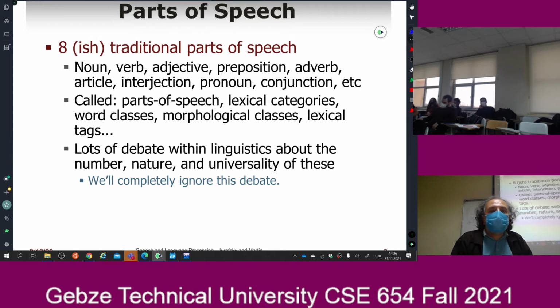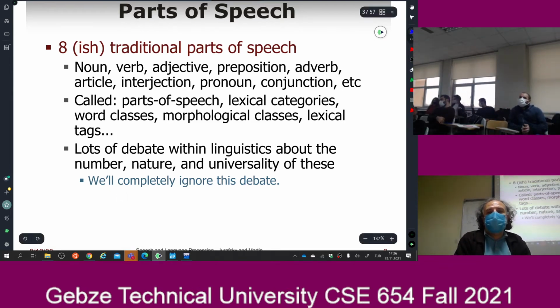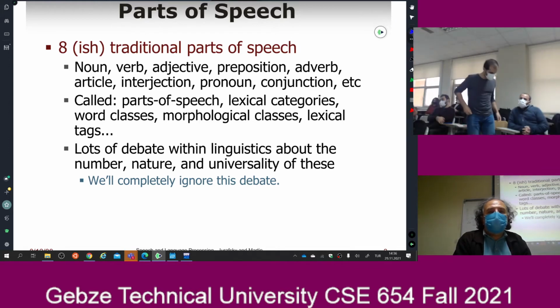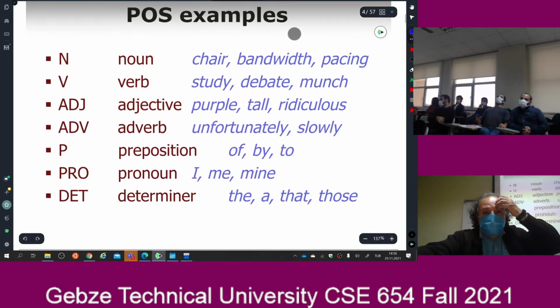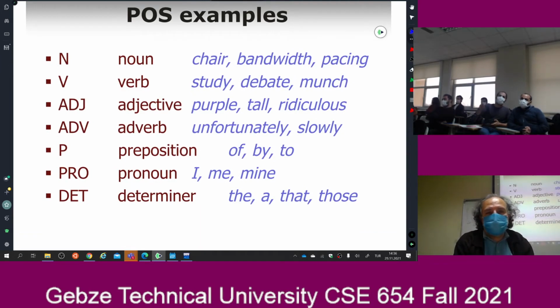So the important thing is that as computer scientists, we are going to assign tags to these words one by one. No words will be left unassigned, and we are going to ignore how many parts or what kind of parts we have in English or Turkish.